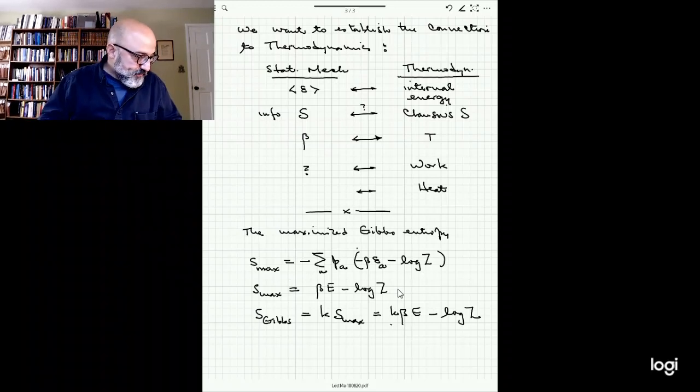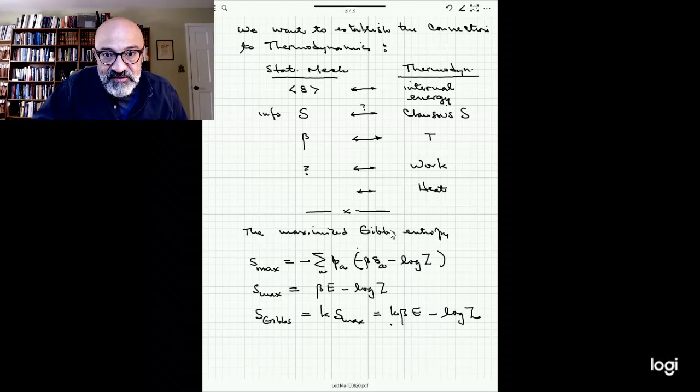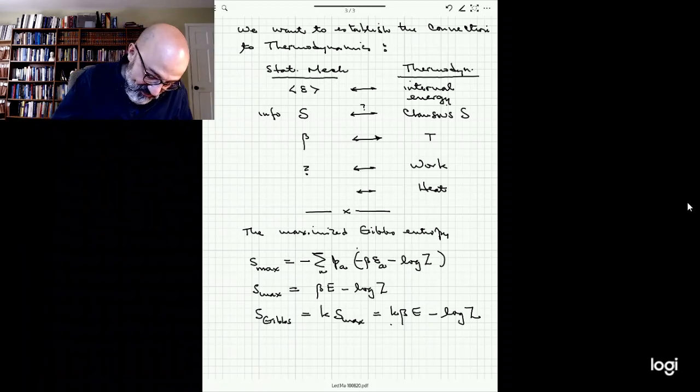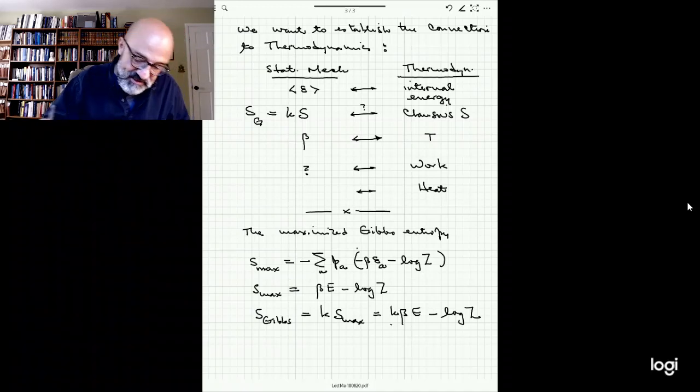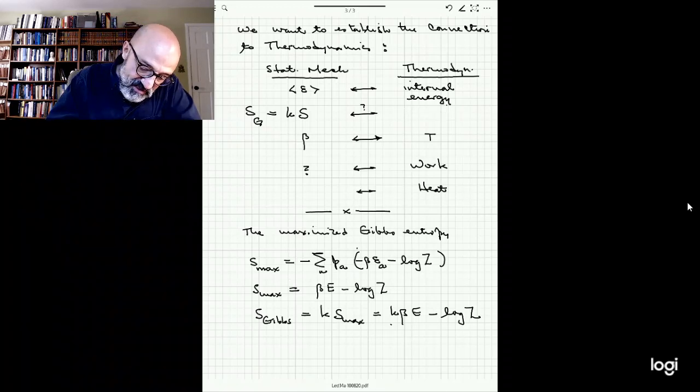To establish the potential connection, obviously we're going to go for something like this. The information, when we multiply it by K, is going to be the Gibbs entropy, and this is what corresponds to the Clausius entropy.